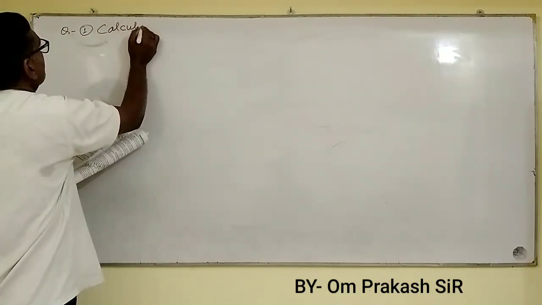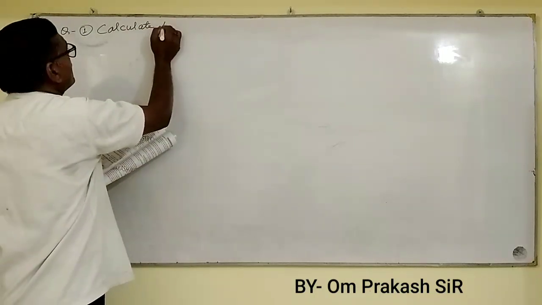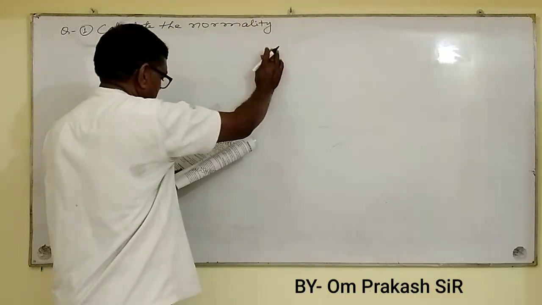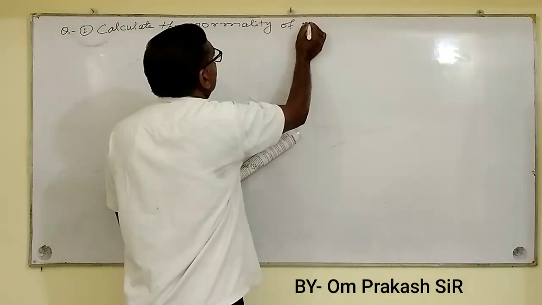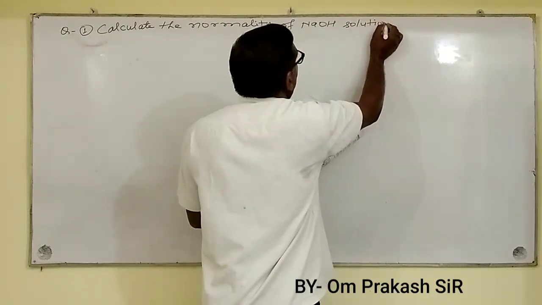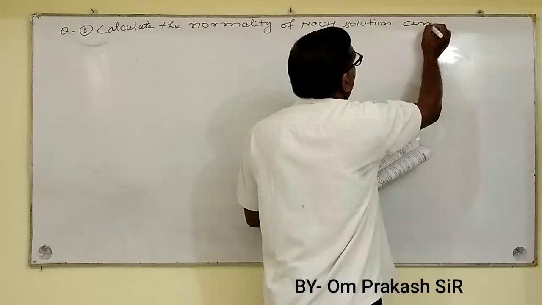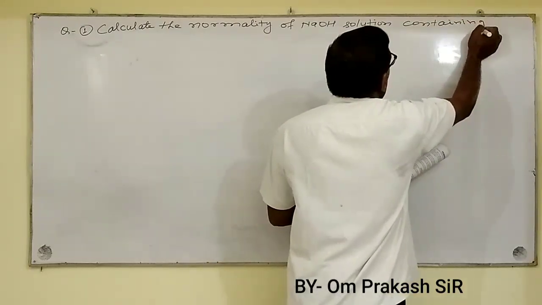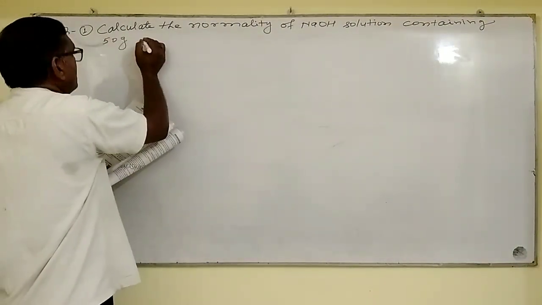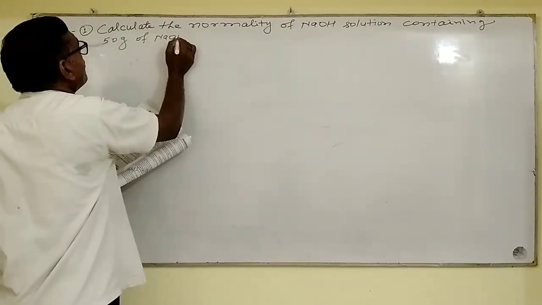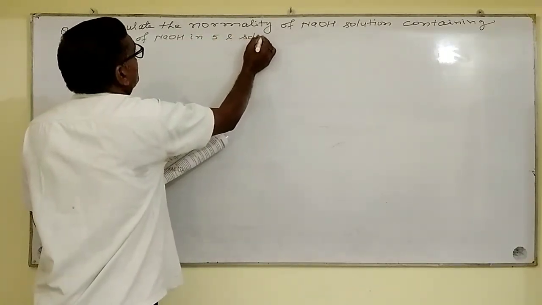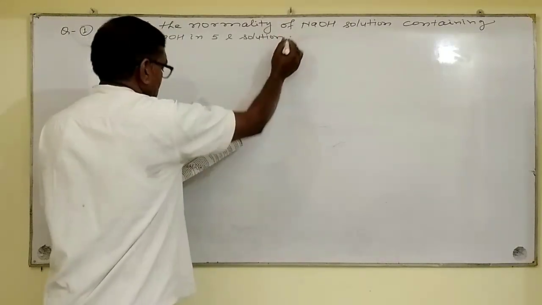Calculate the normality of NaOH solution containing 50 gram of NaOH in 5 liter solution.